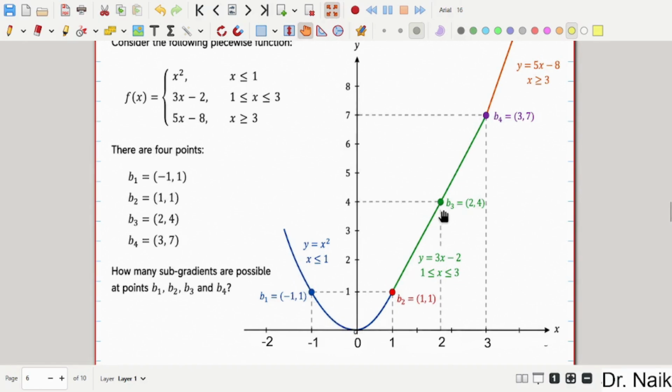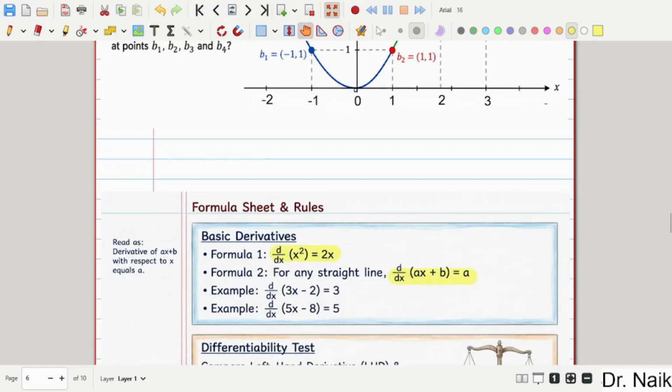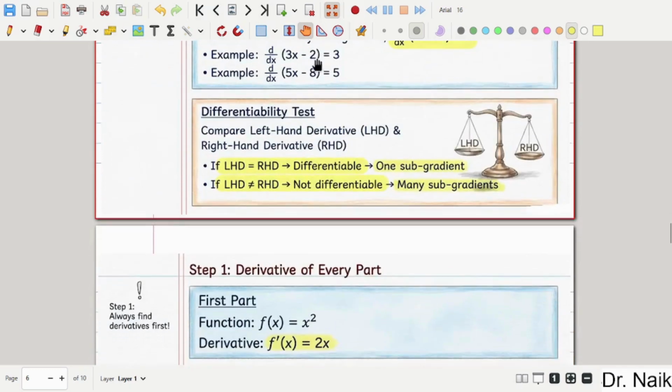Point B3 lies in the green line section because x is 2, which lies between 1 and 3, so it follows the 3x minus 2 equation. Now consider the B4 point where x is 3. Since x is greater than or equal to 3, B4 lies at the junction between the straight line 3x minus 2 and 5x minus 8.